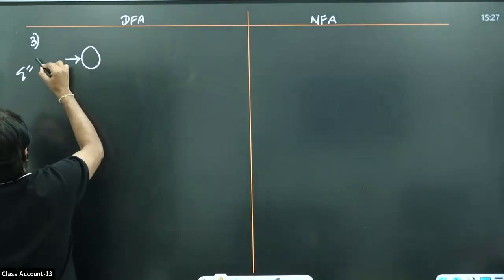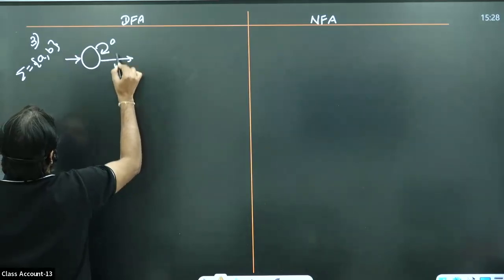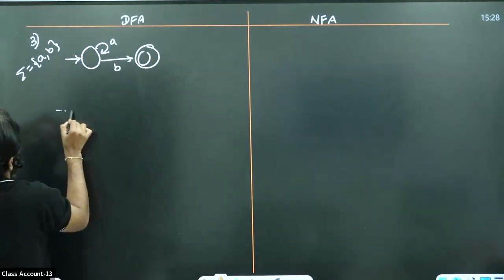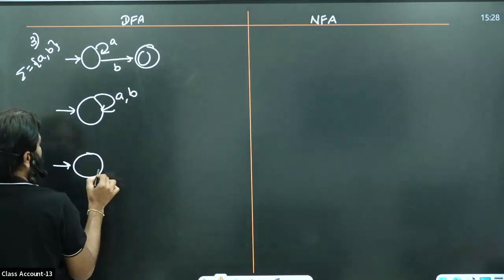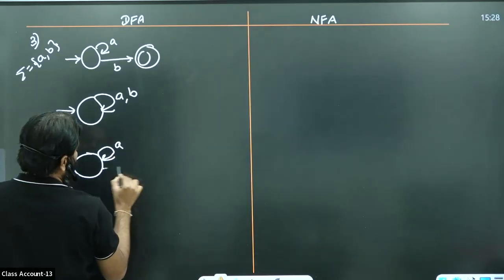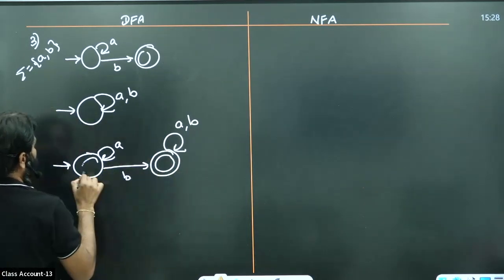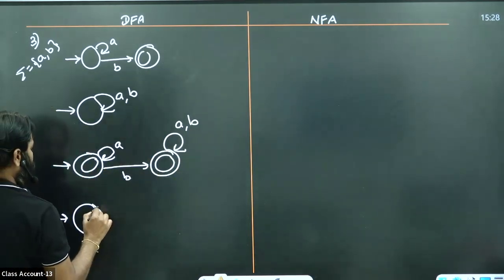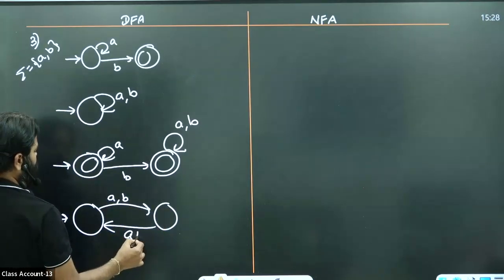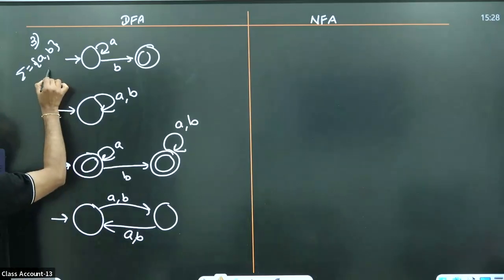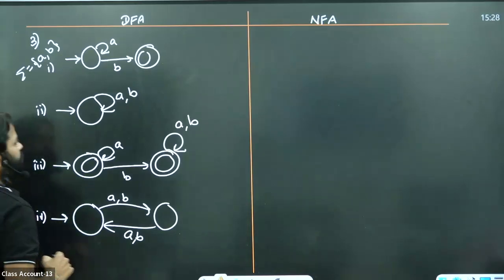Assume sigma is A comma B. Do not assume anything else now. Out of these two, which are DFAs? Which are NFAs?